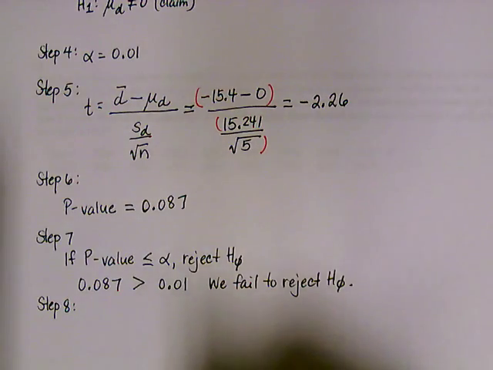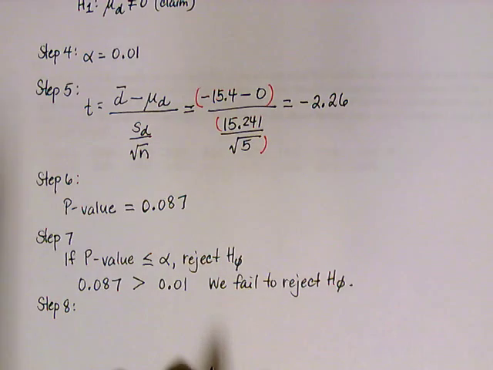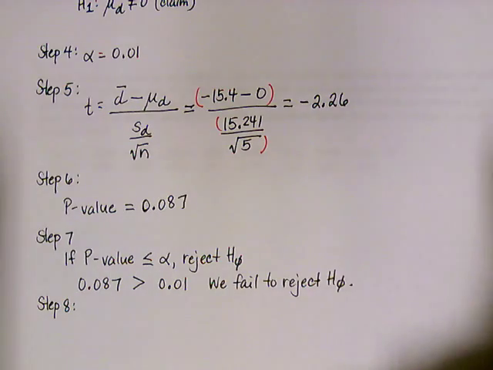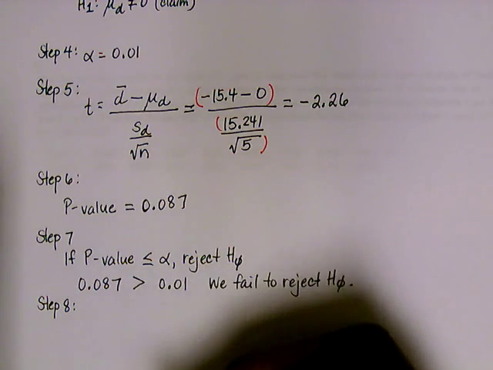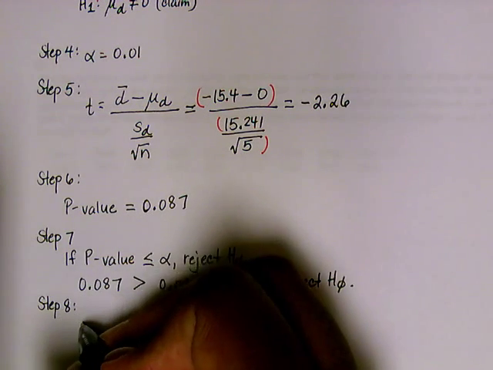And step number 8 is writing the conclusion statement using simple non-technical terms. The claim was the alternative hypothesis. We failed to reject the null. So that means that we cannot support the claim.